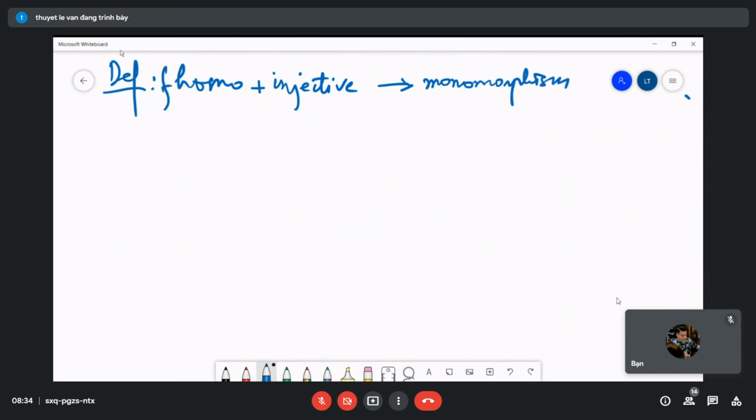If f is a homomorphism and then it is not bijective, that is injective, and if it is surjective, that is what is called surjection.